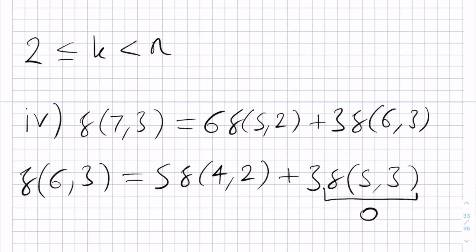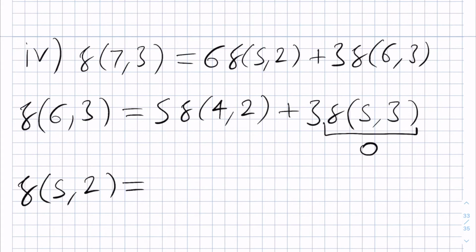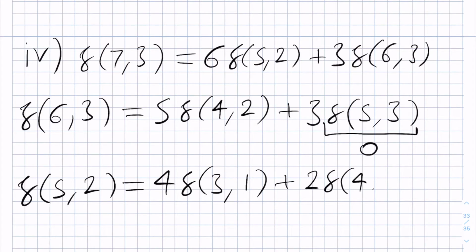Then we continue down the chain, and so f(5, 2) will be next. Because n is 4, we'll have 4 f(3, 1), because k is 2, and then plus 2 f(4, 2).